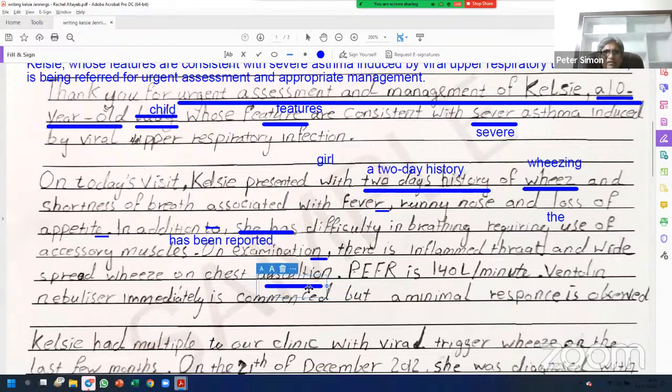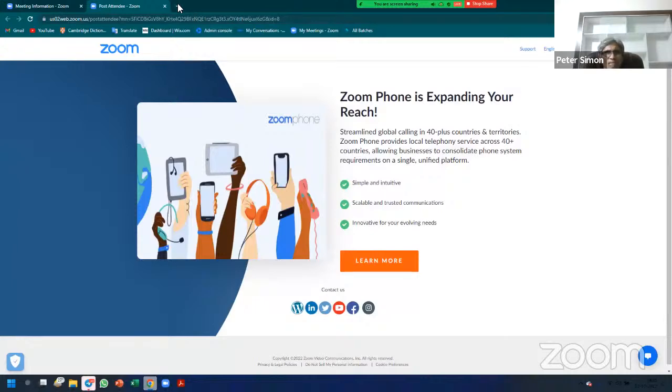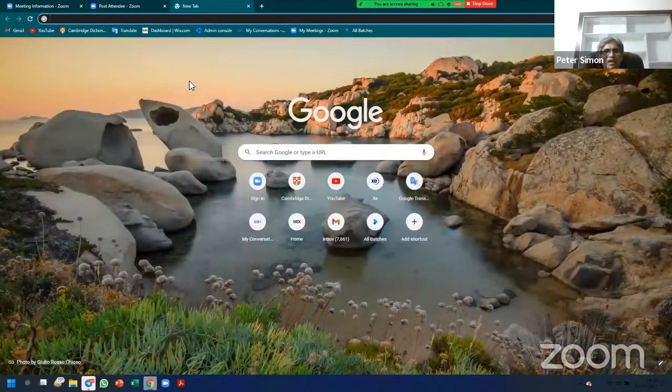You wrote it wrong. Here wheeze spelling you have written correct. Widespread is one word. On examination, inflamed, single M or double M? What is the inflamed spelling? Inflammatory, double M. But inflamed is single M or double M?